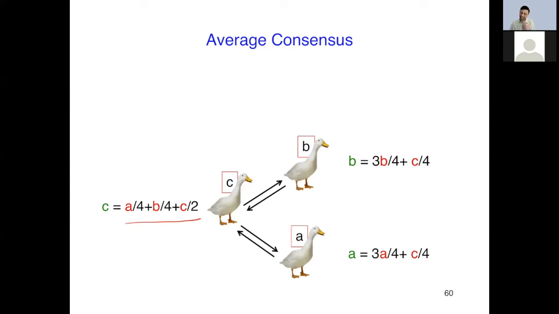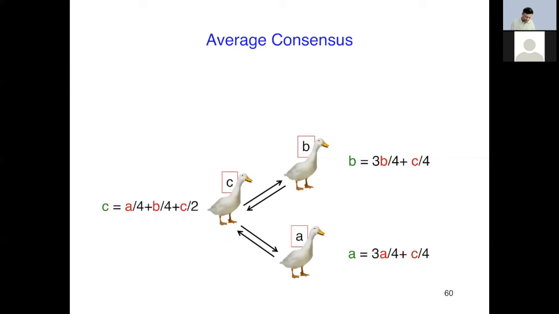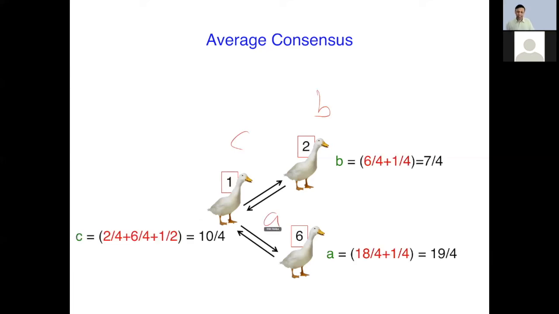So the algorithm is very local in the sense that each agent only needs to talk to his adjacent nodes in the graph and get the values from them, and then he can compute the new local value. And just keep repeating this for a long time. As time progresses, these values will keep changing. For instance, if the values at B, C, and A are initially 2, 1, and 6, then by applying the iteration, the new value of B will become 7/4, and this is 19/4.